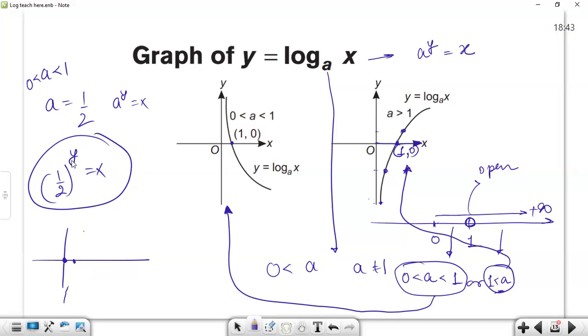On the next point, let's take x equal to half. For x equal to half, y will be, come on, tell.